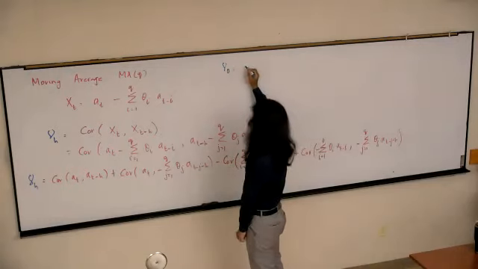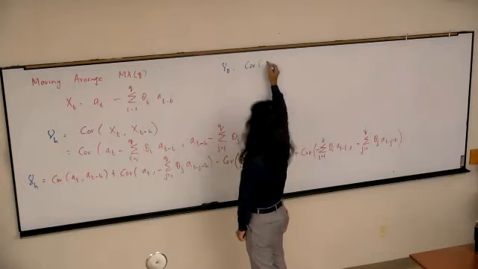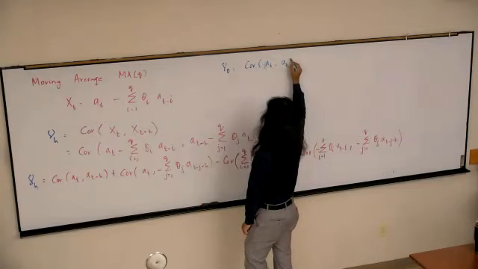If I put h equals 0, I have covariance 80, comma 80.